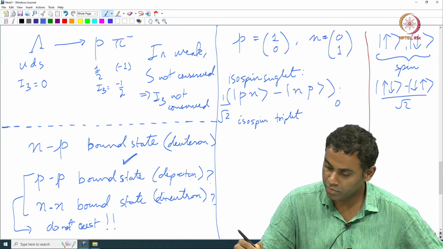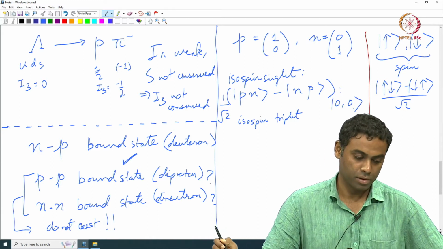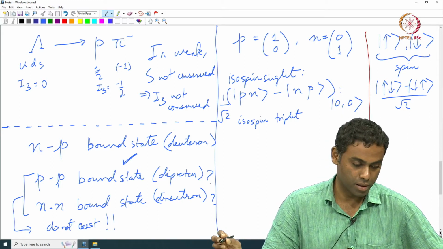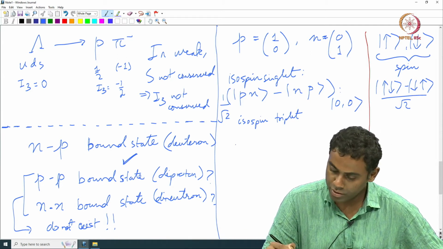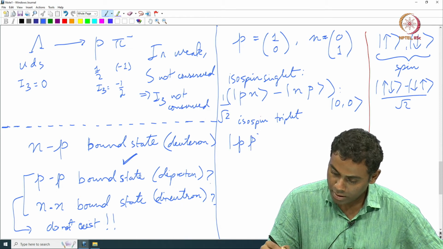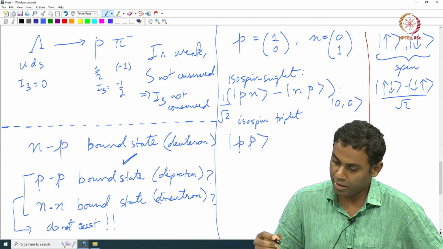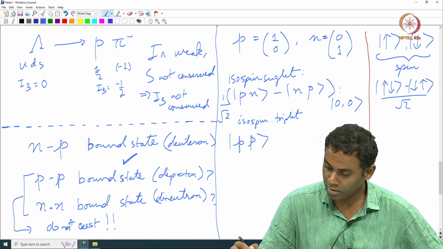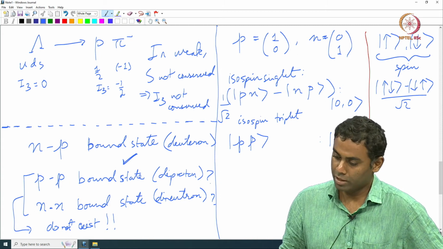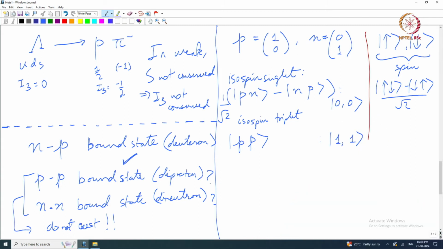If I denote the singlet with 0, 0, then I can use the combination PP, which we will call 1, 1 in the triplet, and then NN that I am going to call 1, minus 1 in the triplet.